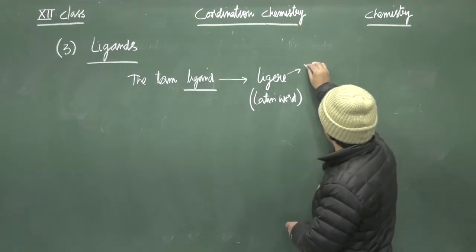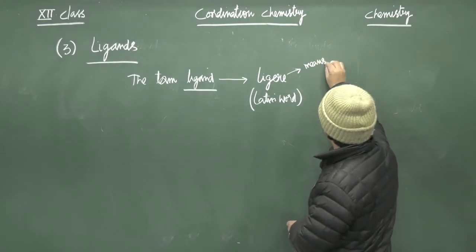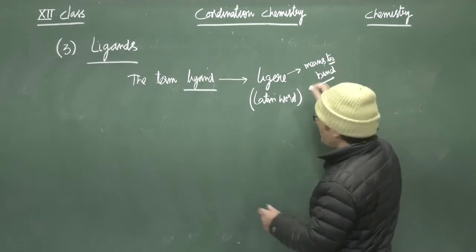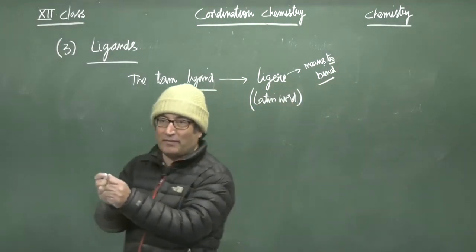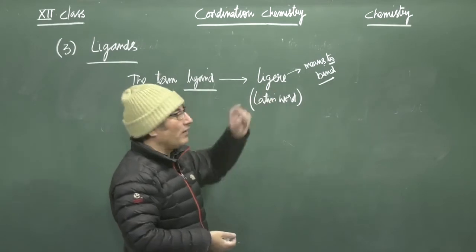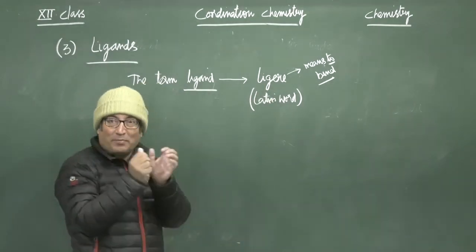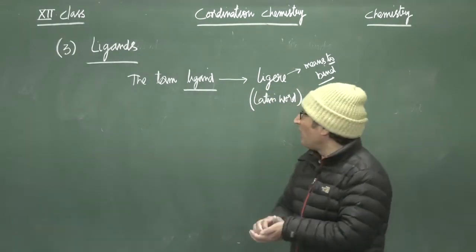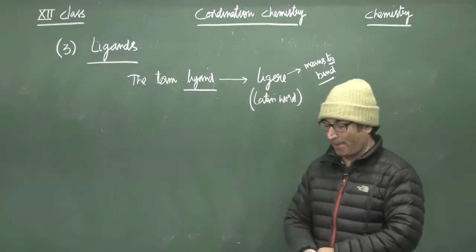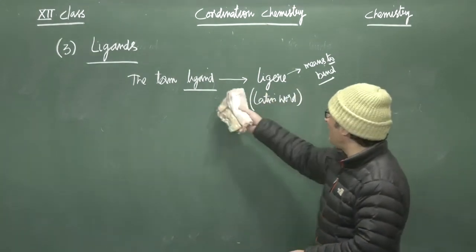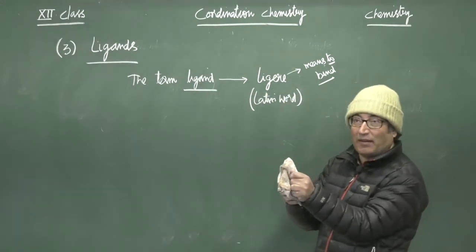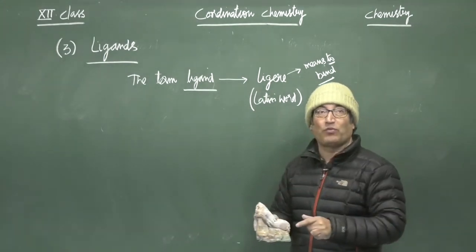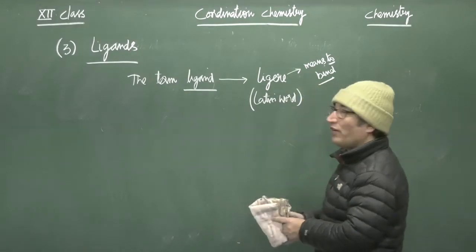It means to bind. And when something binds itself with some other species, that is called ligare. So this ligand must have a binding ability. Bind with what? Bind with central metal ion. Binding with central metal ion, it forms an entity which you put within square brackets, calling it a coordination entity.